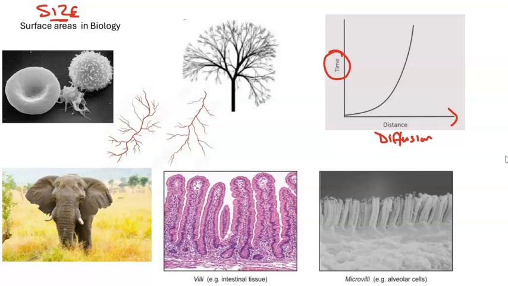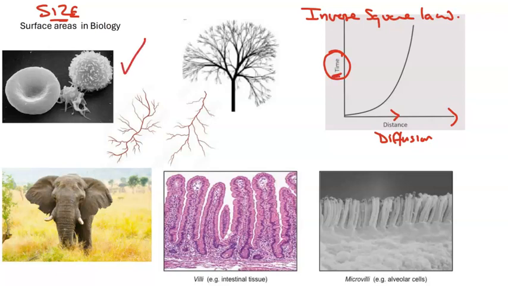But this is not a linear relationship. This is actually what is called the inverse square law, which suggests that as the distance increases, there are considerable increases in the time for oxygen to diffuse.